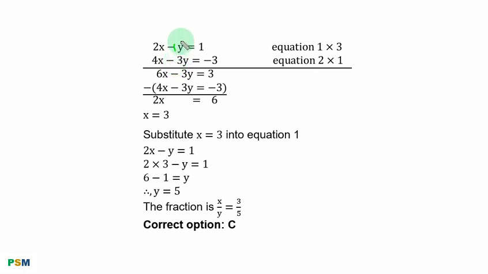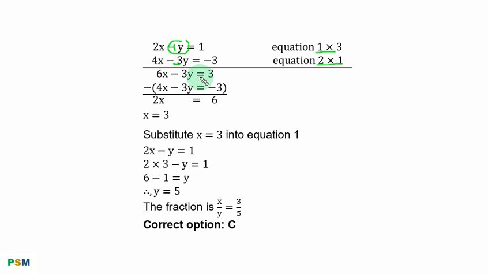To achieve 3 from here, you multiply through equation 1 by 3. For this number to remain the same, you multiply through equation 2 by 1. Equation 1 becomes 6s minus 3y equal to 3. Equation 2 remains the same.